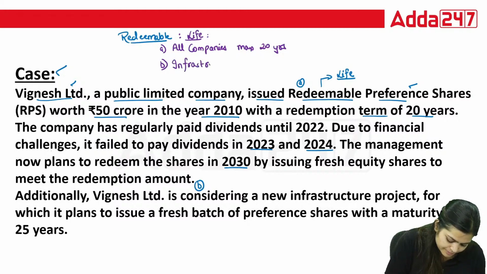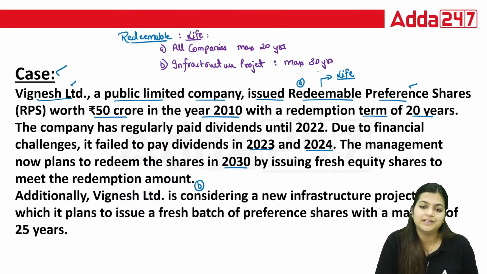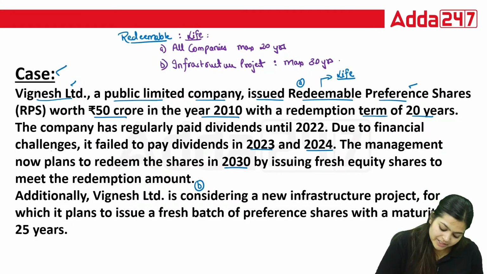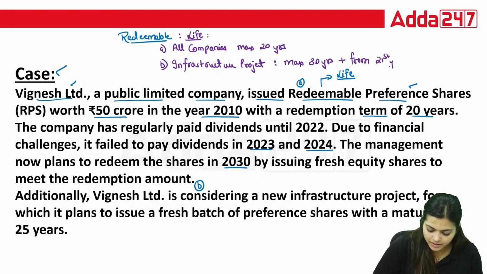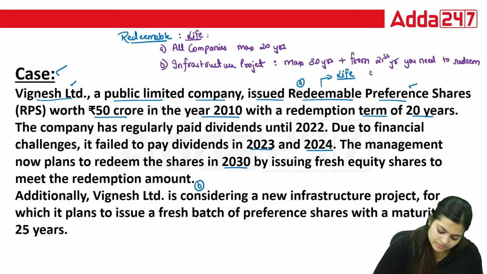But now when we are talking about an infrastructure project company, here you can issue for a max of 30 years. Yes, 10 more years you can issue. But there is an additional compliance: from the 21st year, the company needs to redeem at least 10% of the preference shares.